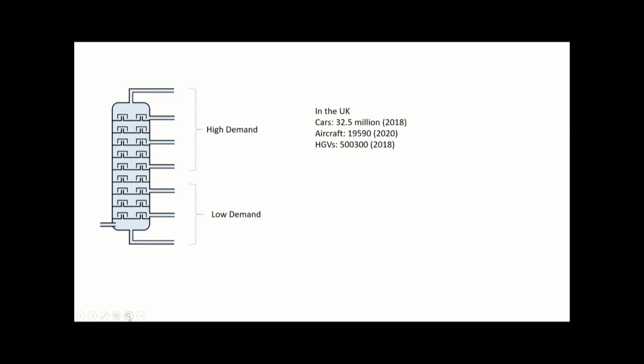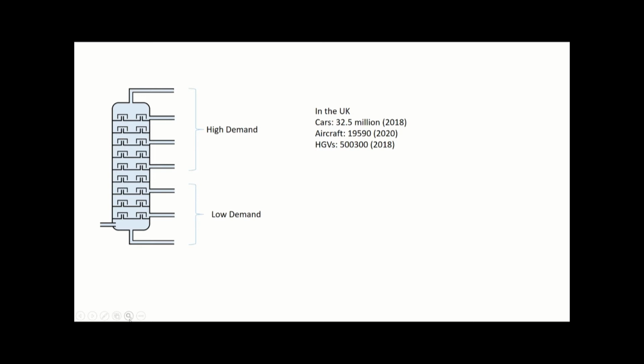And here's why. If you have a look in the UK, these are the latest figures I could get. If you look at the number of cars there, 32.5 million cars, and I use about 50 litres of petrol every fortnight, we have 19,590 aircraft registered in the UK. That's not including the ones that fly in from other places and back out again. And we have 500,000 HGVs on the road, which are registered in the UK.